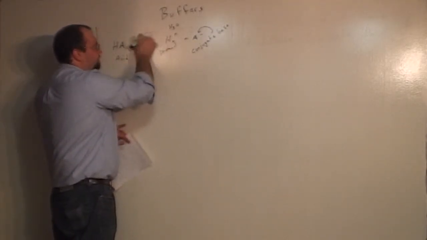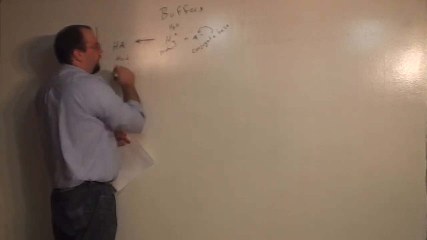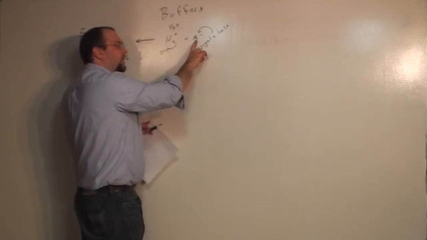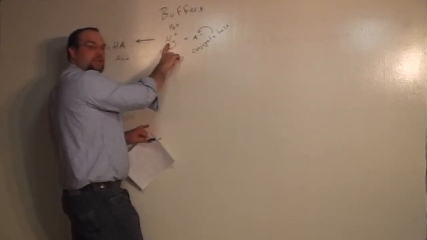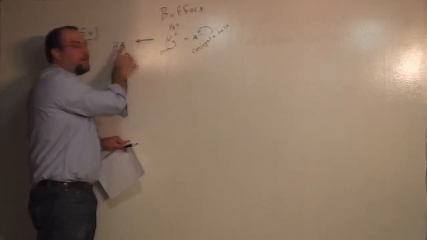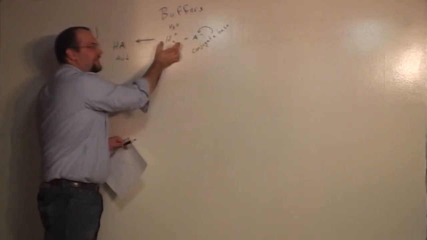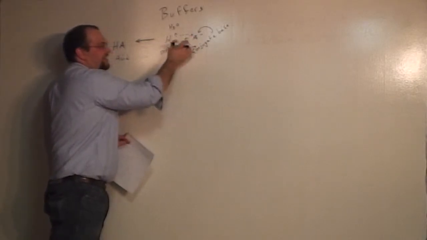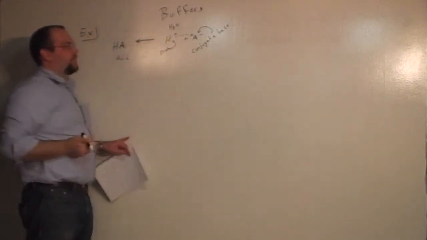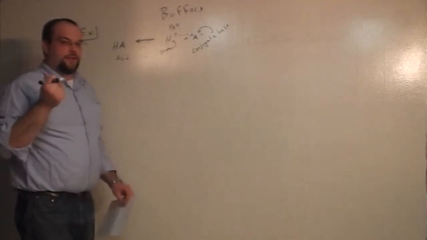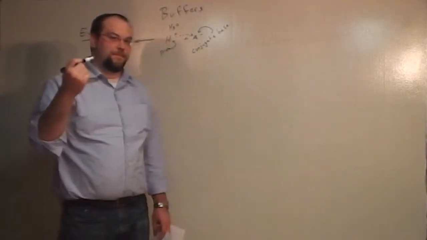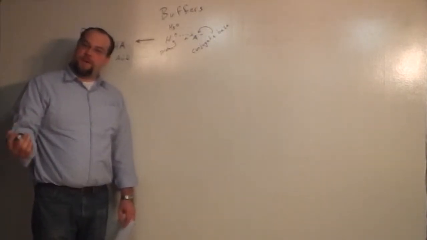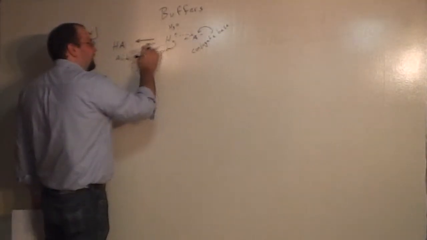But let's say my equilibrium is going the other way. Well, in this case, I have my A minus, and it's accepting this proton to turn into HA. This proton goes over here, gets accepted by the A, and becomes HA. Hopefully this terminology is a little familiar because a proton acceptor is the Bronsted-Lowry definition of a base. This is a base. It's accepting the proton.